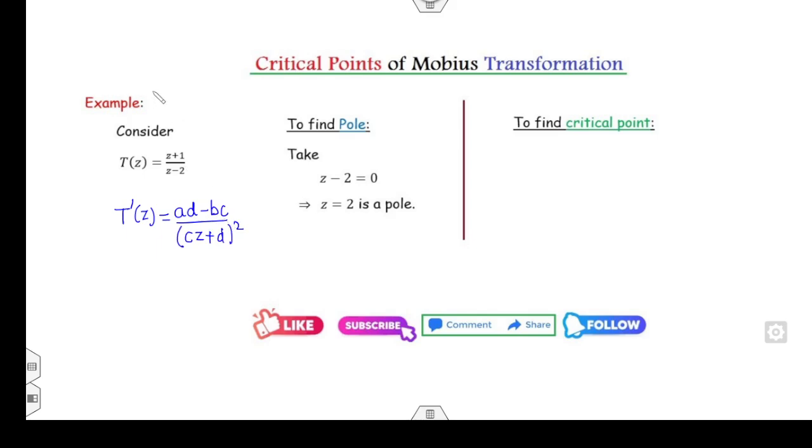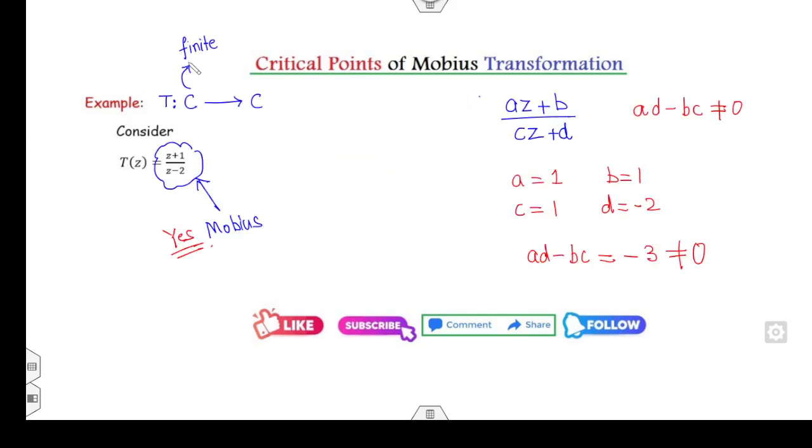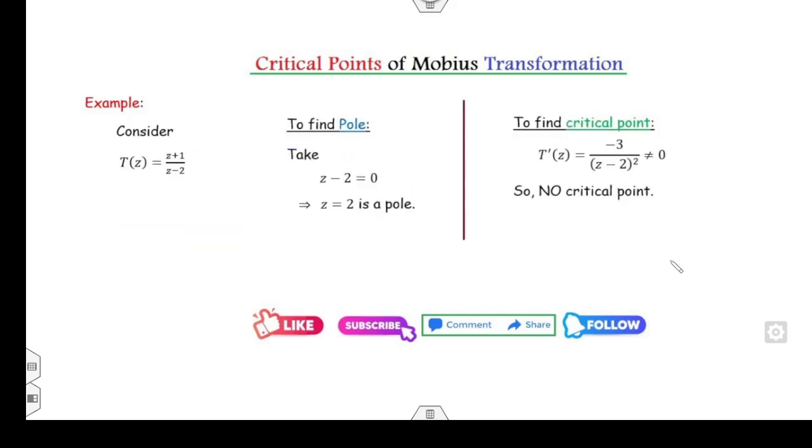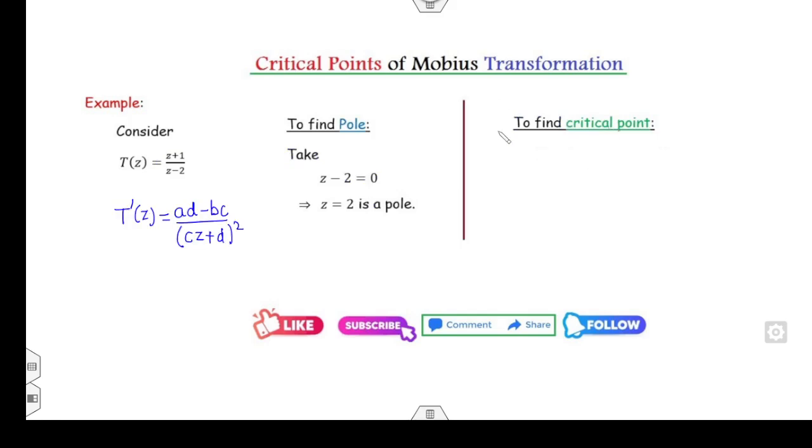So what is ad minus bc? As I defined, ad minus bc is minus 3. So we can write T dash of z is minus 3 over (z minus 2) whole square, and clearly this number is non-zero.